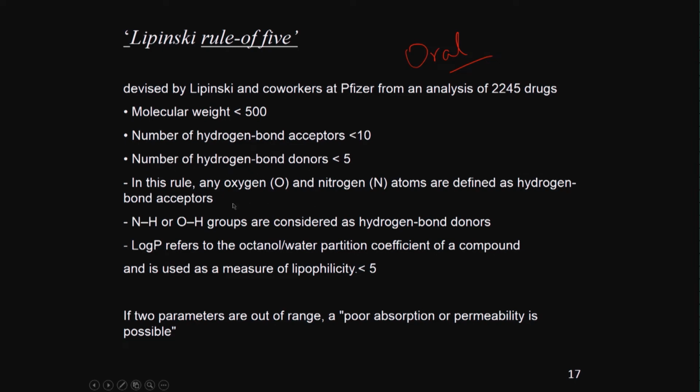Hydrogen bond donors, that is NH or OH, should be less than 5. These are very important because they determine the hydrophilic-lipophilic nature of the molecule, and also how they bind with various enzymes. So the number of acceptors should be less than 10, the number of hydrogen bond donors less than 5, and log P, which I defined, that is the octanol-water partition coefficient, should be less than 5.